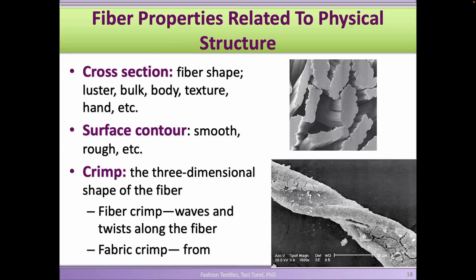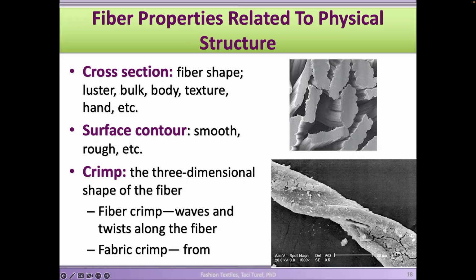So now the cross section of a fiber is when you take a yarn and then you cut it and you look at what it looks like in the middle. So this is the cross section of a yarn that is cut out like this. The surface contour is the surface of the yarn.